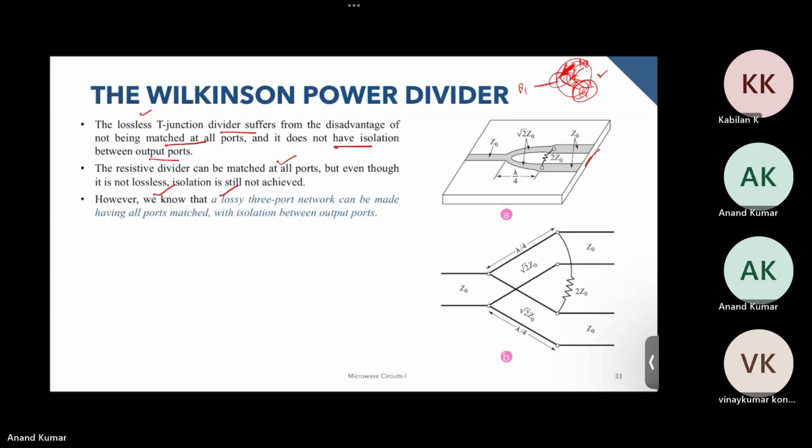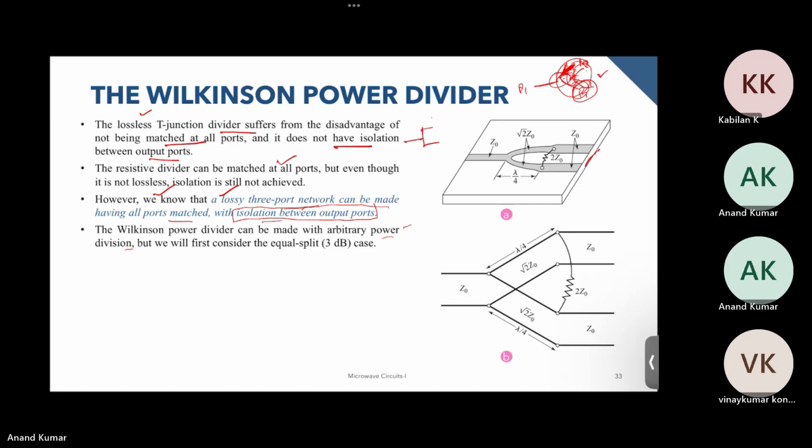However, from the previous discussion, we know that we can design a lossy three-port network which can have all the ports matched with isolation between the output ports. So this is what we have been looking forward to. We want isolation between the output ports. The Wilkinson power divider is one such design where we can even have arbitrary power division. It need not be a 1:1 ratio.